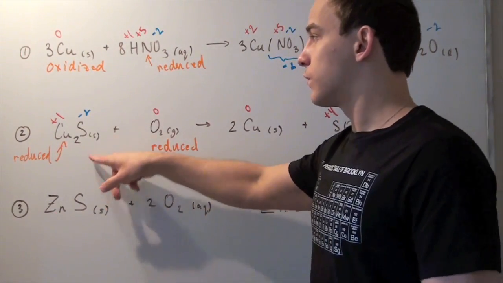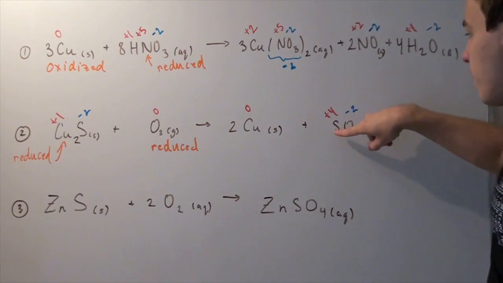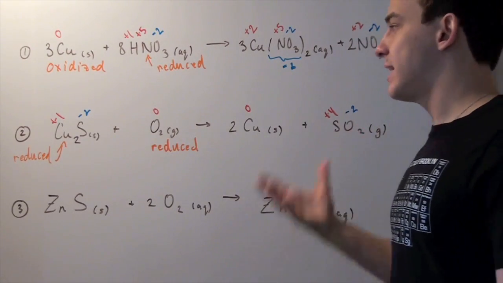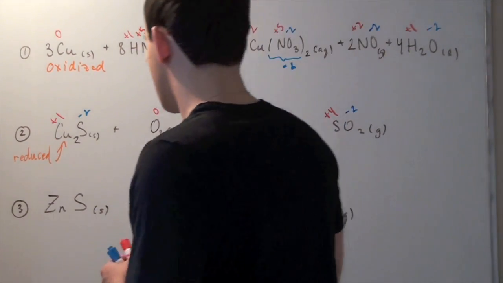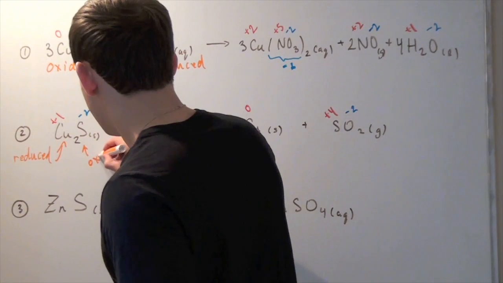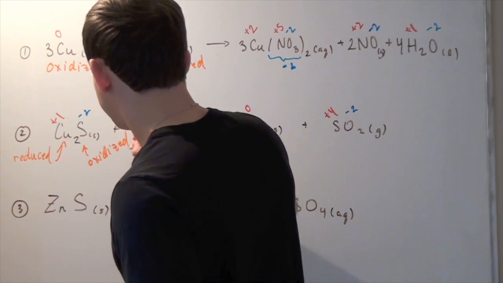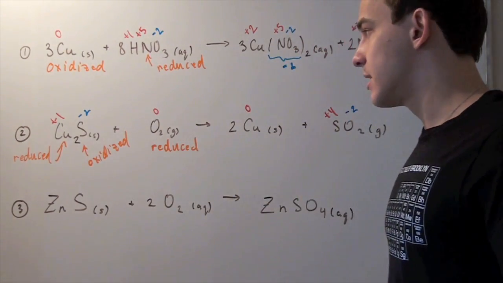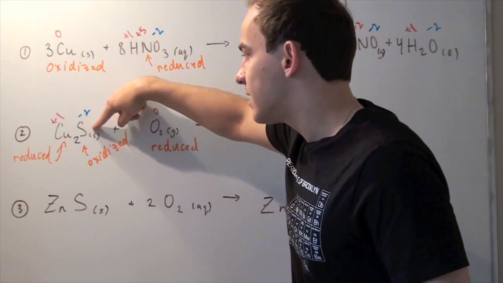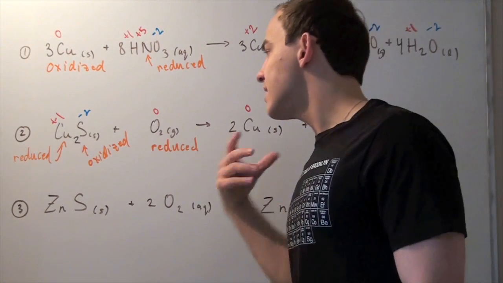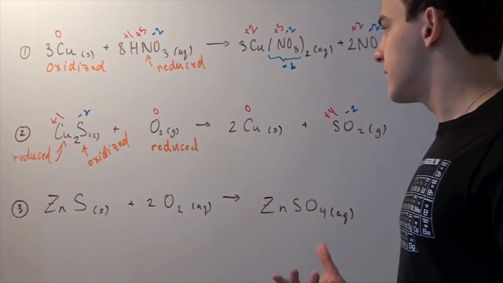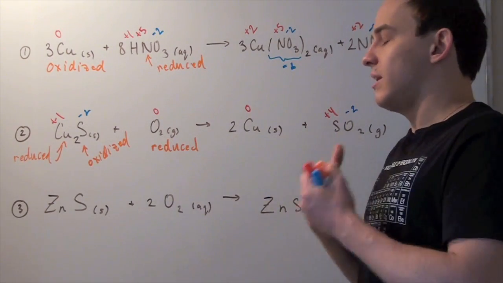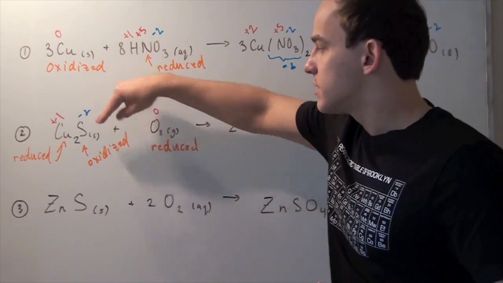Now sulfur goes from -2 to +4. That means our sulfur is the atom that gets oxidized. So let's write that. So 2 atoms get reduced, 1 atom gets oxidized. So sulfur is our reducing agent, while our oxygen must be the oxidizing agent because it obtains those electrons. It takes those electrons away from the sulfur atom.